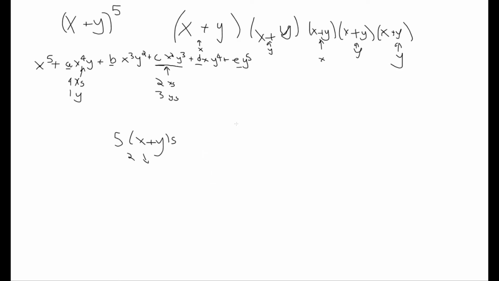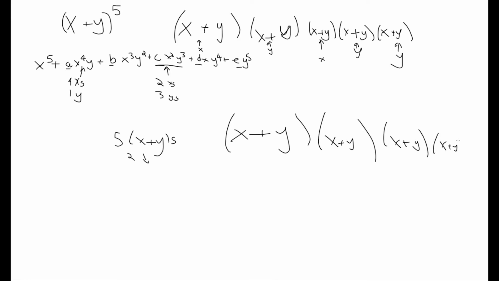Well, I'll write out all the x plus y's. This one right over here. So we're basically choosing 2 of these to be x's, and we know the rest of them will be y's.